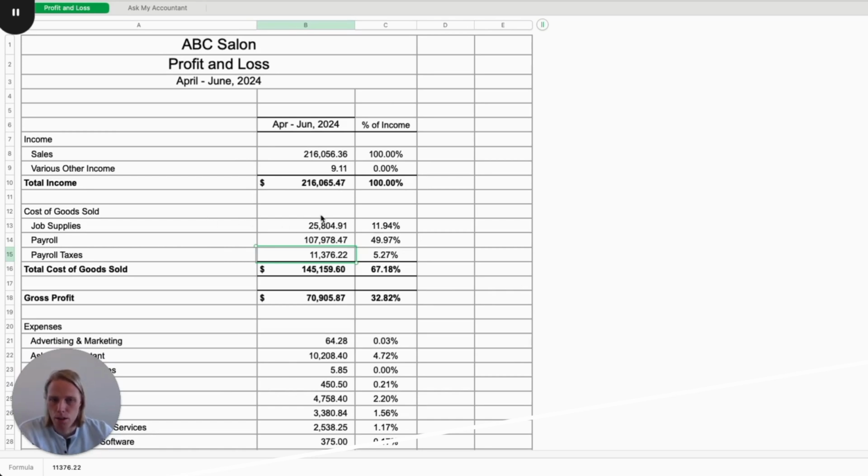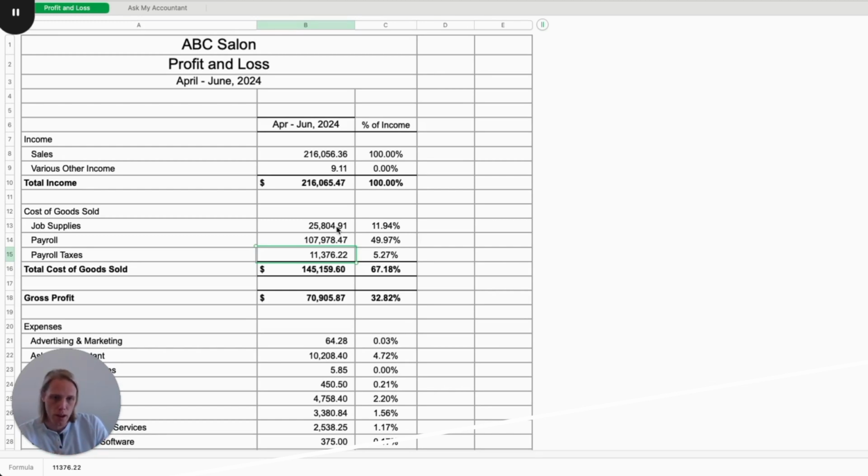Here is our cost of goods sold section. For salons, we follow the profit first methodology. So we want our cost of goods sold to represent direct costs, the things that are used as soon as the client pays.